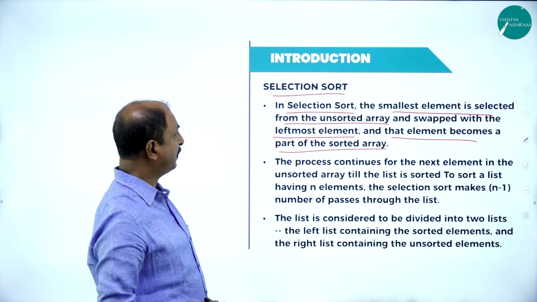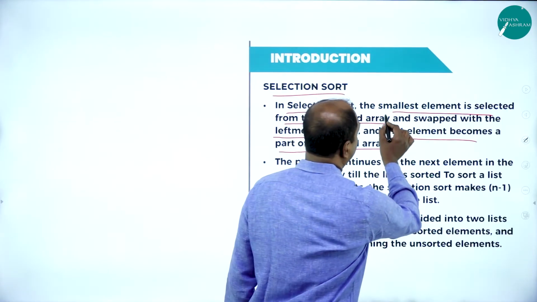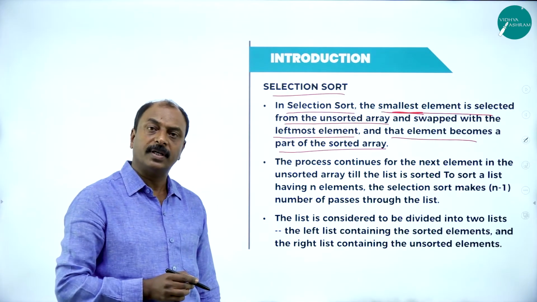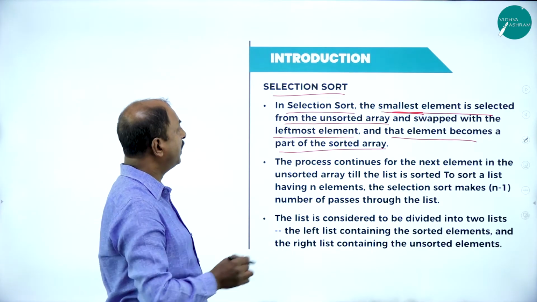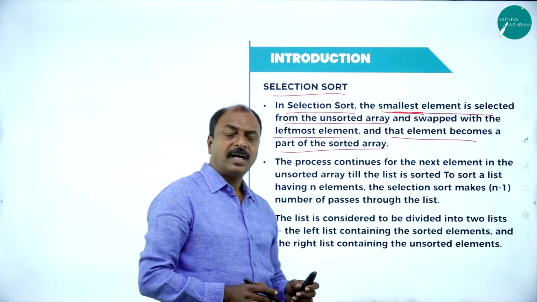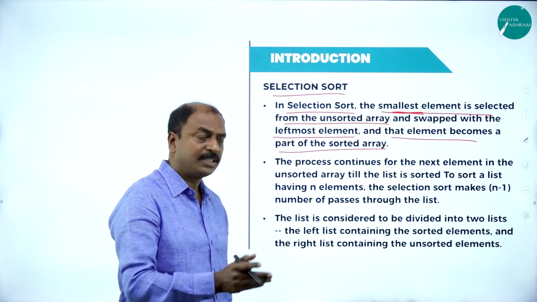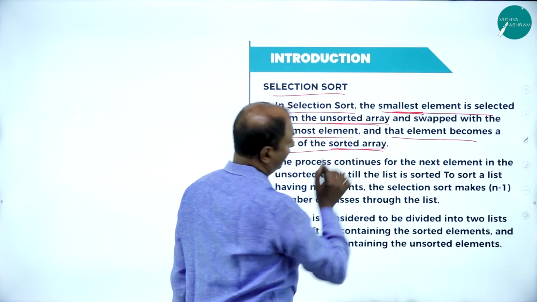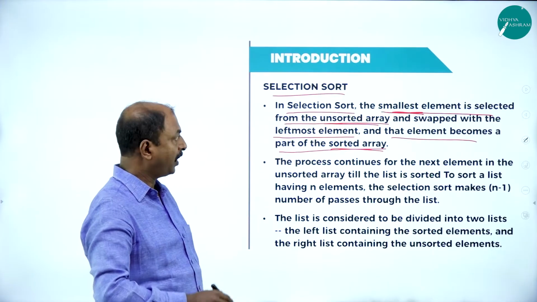So what is the first step here? In this sort, the first step is we are finding out the smallest element of the given list. Here there are two concepts: we are dividing the given list into one unsorted list and a second sorted list. So here there are three concepts.